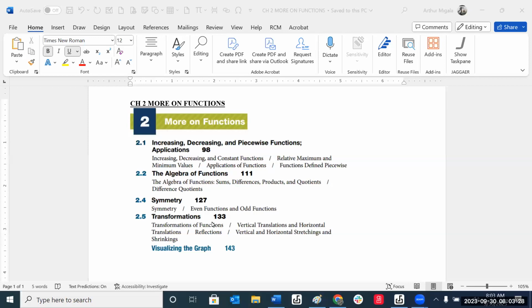Section 4, symmetry, and odd versus even functions. And then section 5. Transformations and reflections.